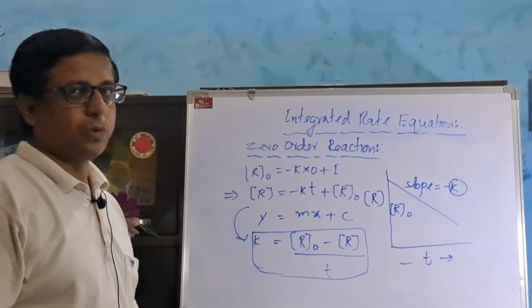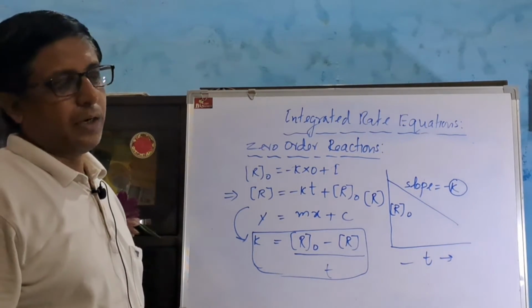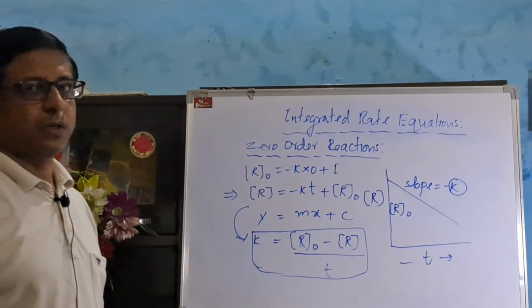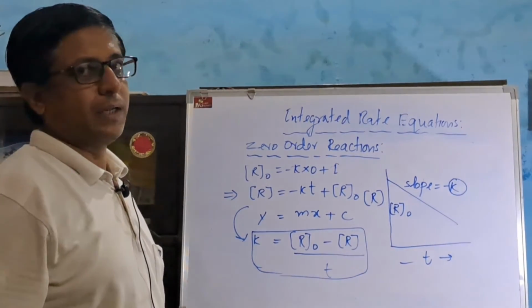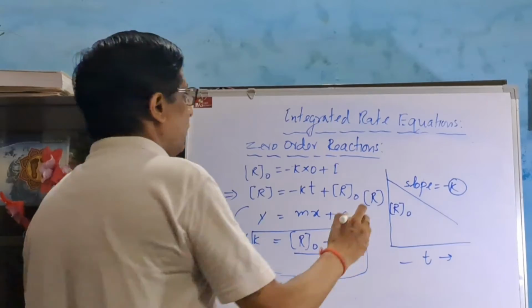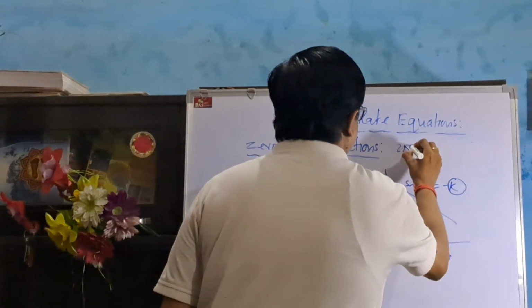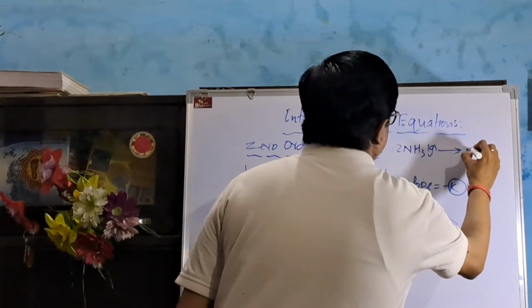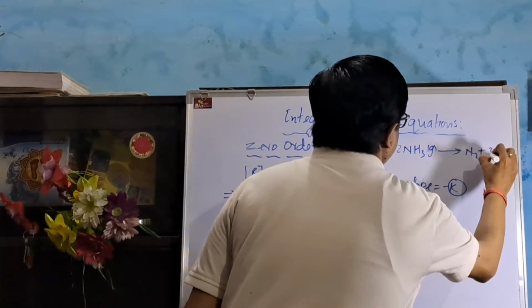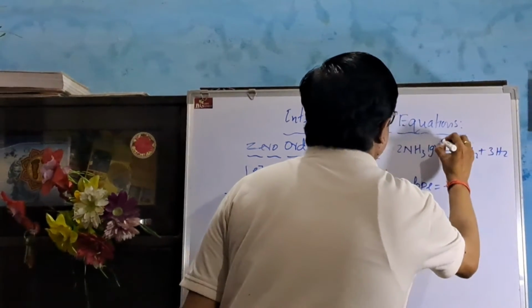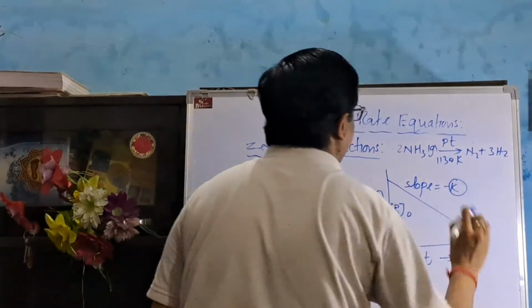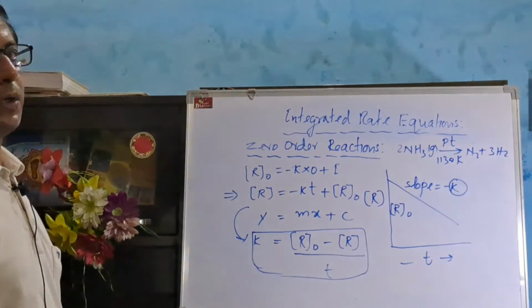Zero order reactions are generally uncommon. Some examples of zero order reactions are reactions occurring on metal surfaces. For example, the decomposition of gaseous ammonia into nitrogen and hydrogen over a platinum surface at elevated temperature is an example of a zero order reaction.